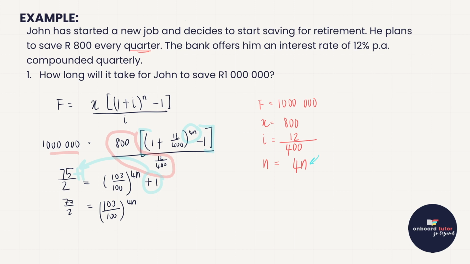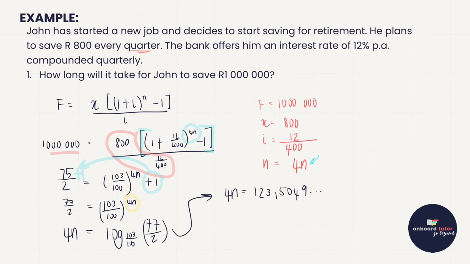Okay, and now we're going to use logs. Logs are going to help us because our unknown is up there in the exponent. So the log says we can make that the subject of the equation. If we log the other side, the base stays the base, and then the number is that 77 over 2. So let's work that out on our calculator.